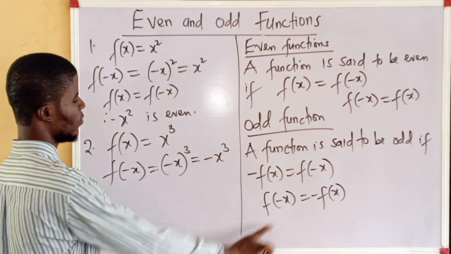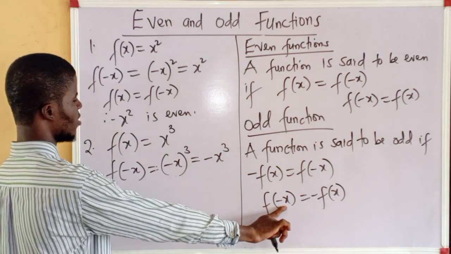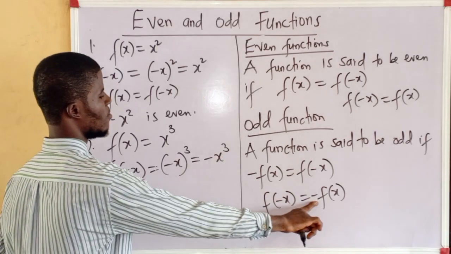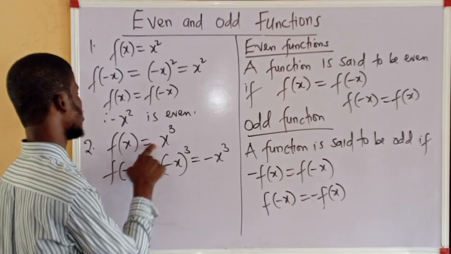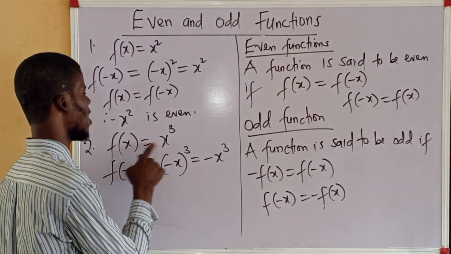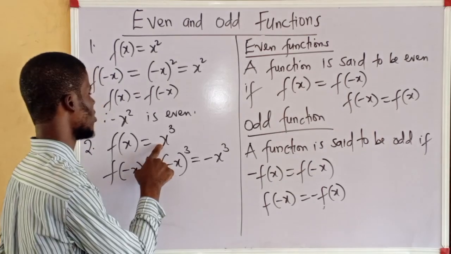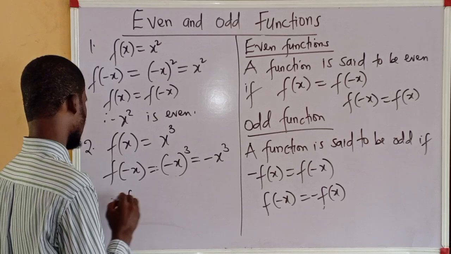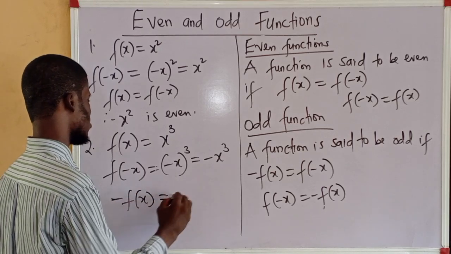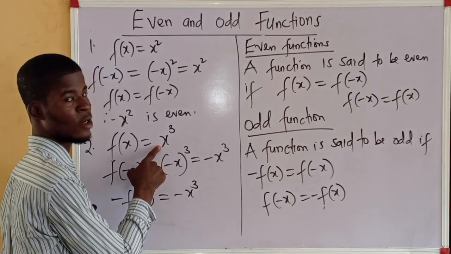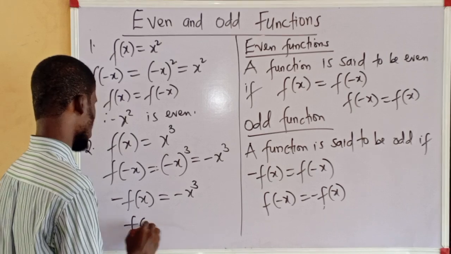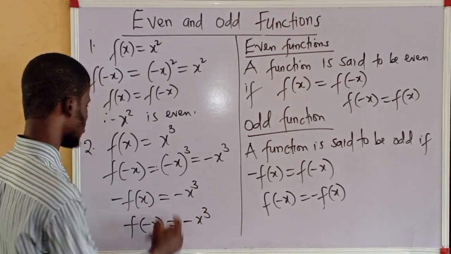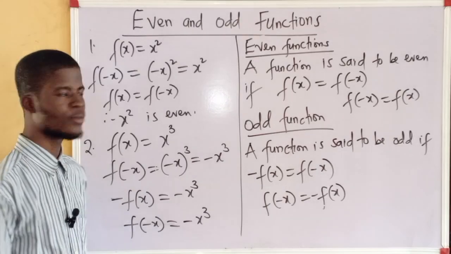So from this principle, f of minus x is minus x cubed, and it is equal to minus f of x. That is, if I multiply f of x by minus 1, I will obtain minus x cubed. So minus f of x is minus x cubed, and f of minus x is minus x cubed. So they are the same. It means that the function is odd.